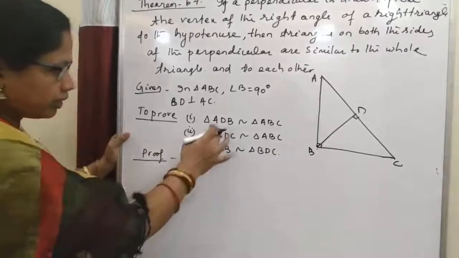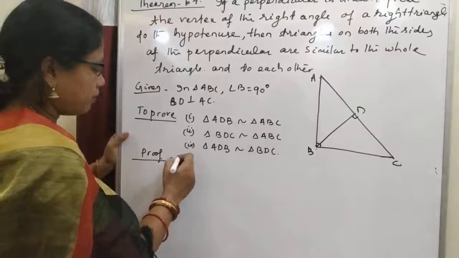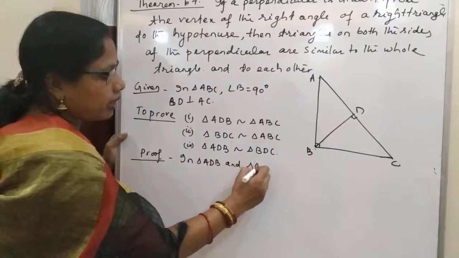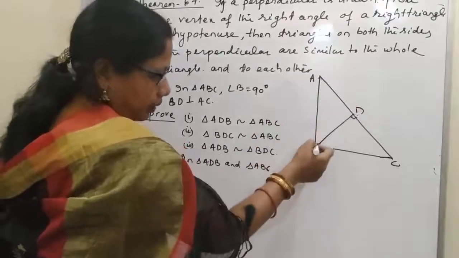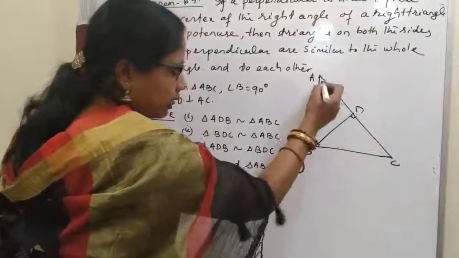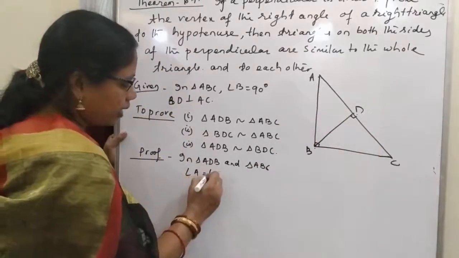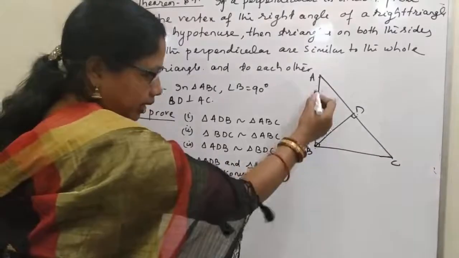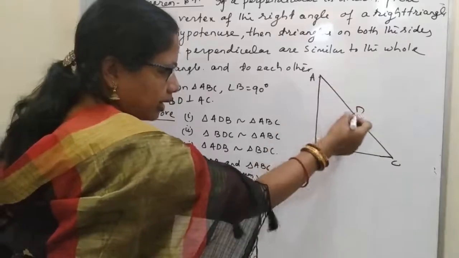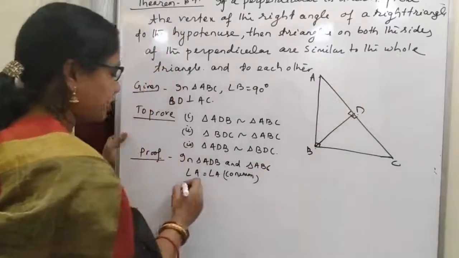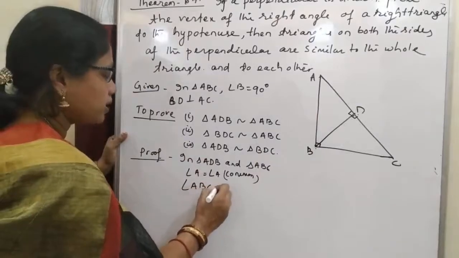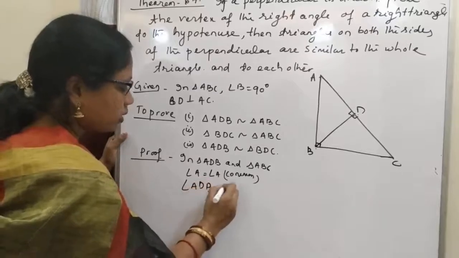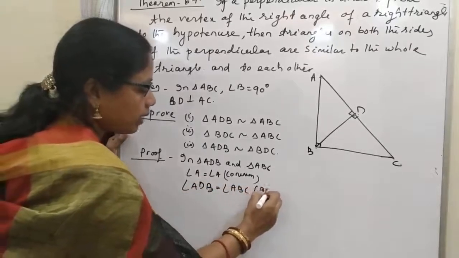First we take these two triangles, triangle ADB and triangle ABC. In triangle ADB and triangle ABC, angle A is equal to angle A, common. Then angle ADB is equal to angle ABC, both 90 degrees.